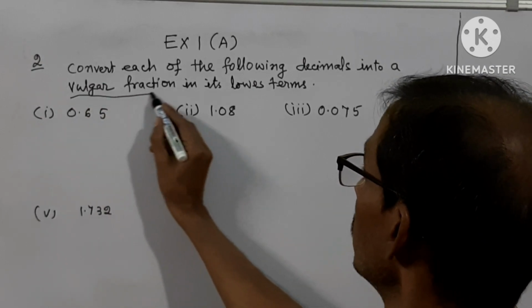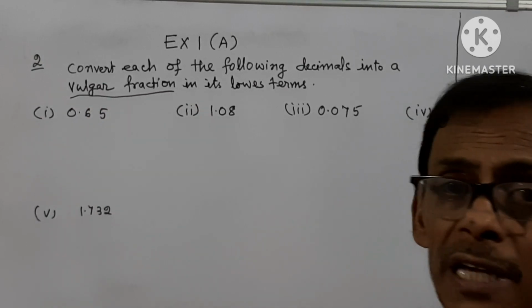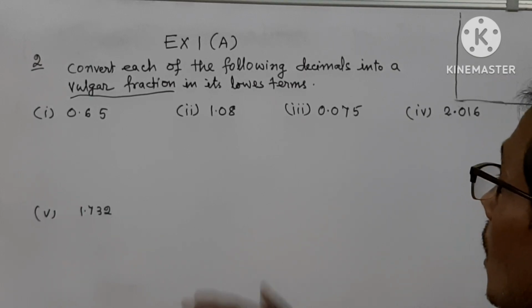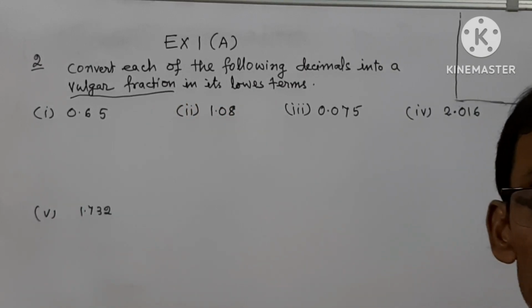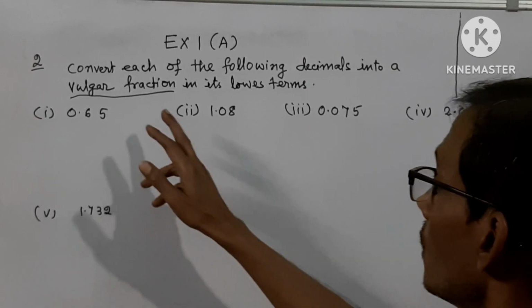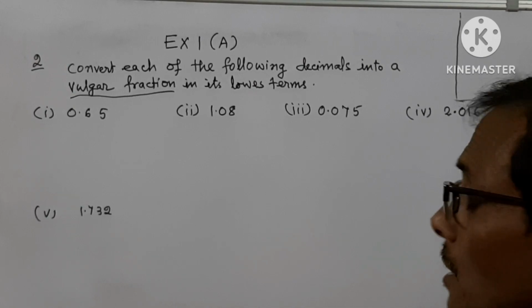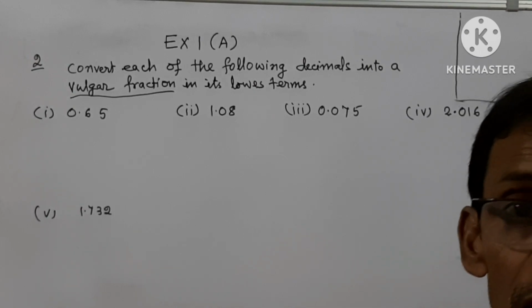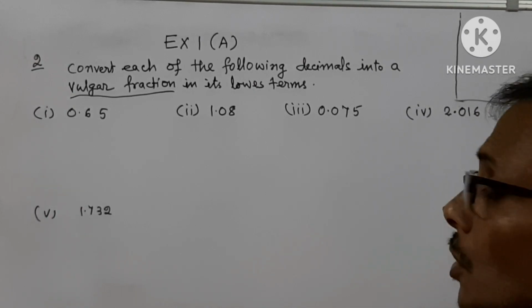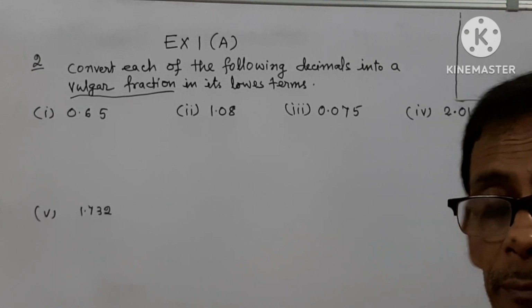This might be a new term for you. Vulgar fractions are fractions whose denominators are not 10 to the power of any number.